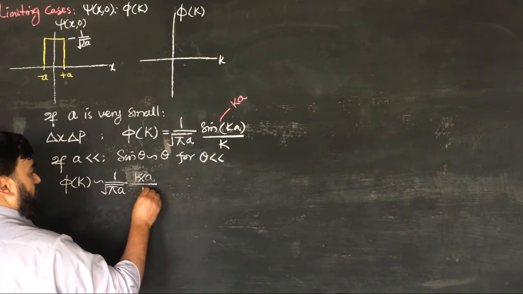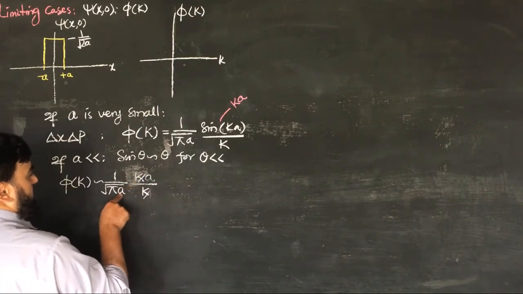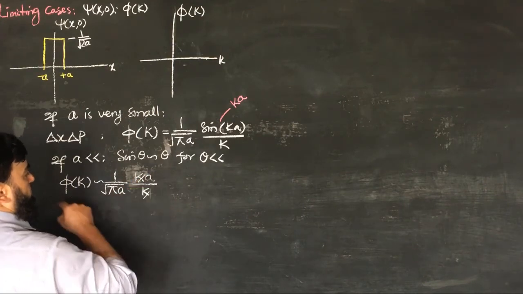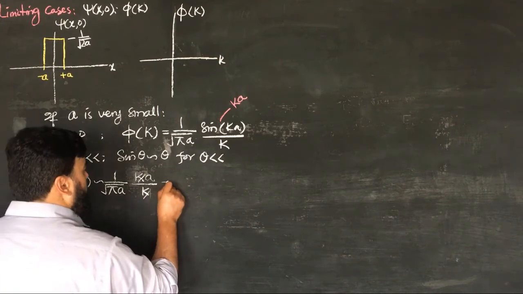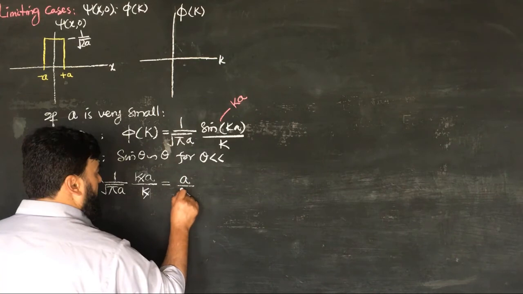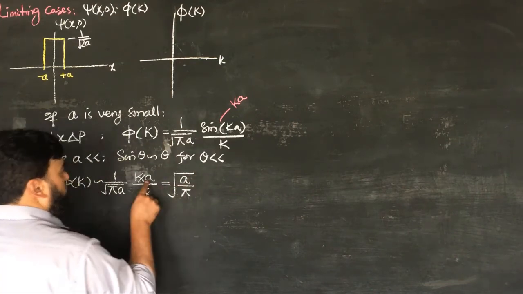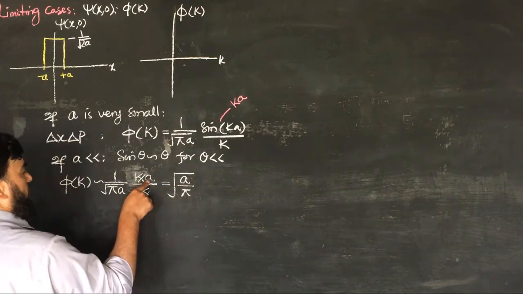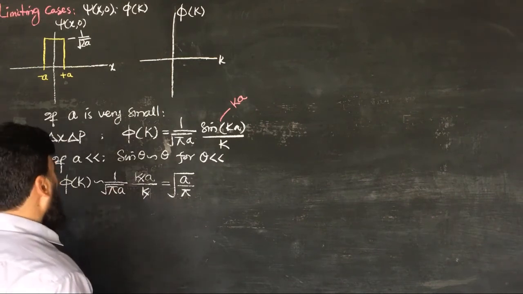Now k will cancel, and this a will simplify with this a, and this will be then equal to a over pi and whole square root, because I can write this as square root a, one will simplify.